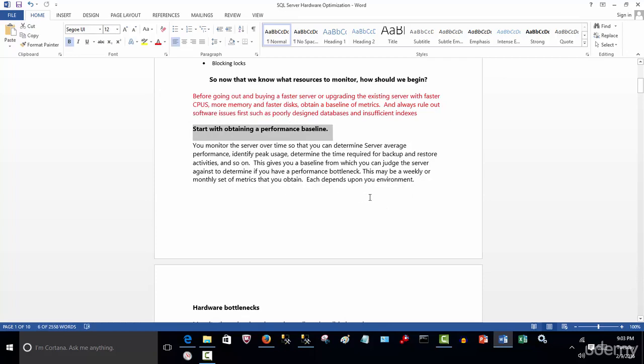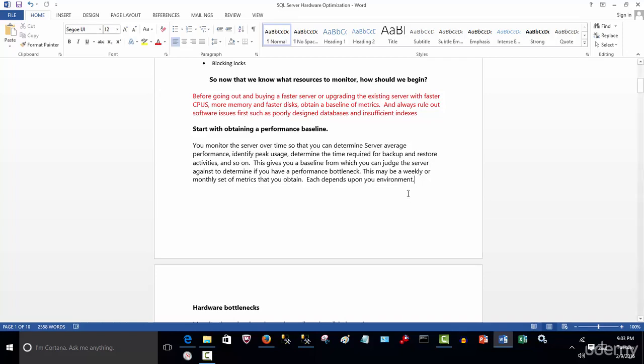Now, as I mentioned, one of the most important things is to have a baseline, or a starting point, where you can compare your future trends. The whole idea of SQL performance is to start building trends, either on a weekly basis or a monthly basis, and then compare them to each other and say, yes, last week or last month I had XYZ utilization of my CPU, and this month it's increased by 20%.